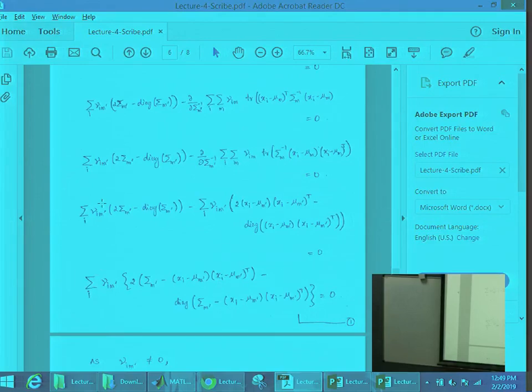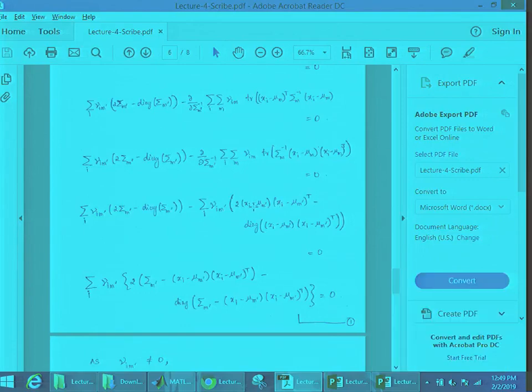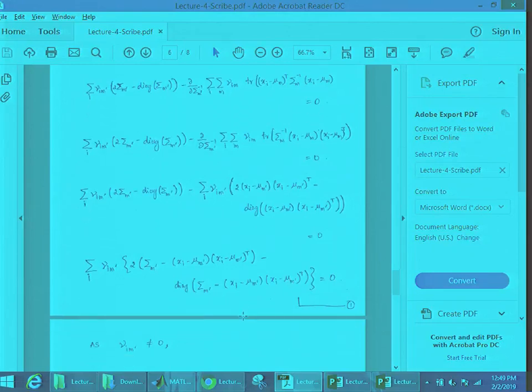Which means you have gamma i m dash, and whatever the sigma m you have, and whatever the x_i minus mu transpose, take it together, that is this term, and whatever the diagonal of sigma m and diagonal of x minus mu transpose, take it together, you will have something like this. Now you can see that these two matrices are exactly the same.